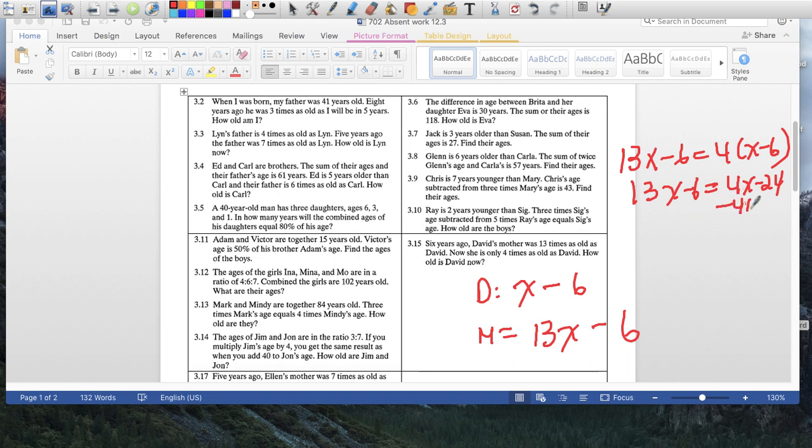Variable on both sides, minus 4x, minus 4x. We're going to have 9x minus 6 equals negative 24. And something's not working here. I'm setting this up wrong.